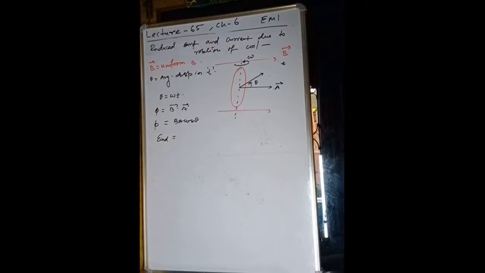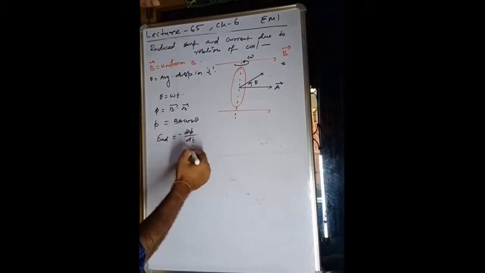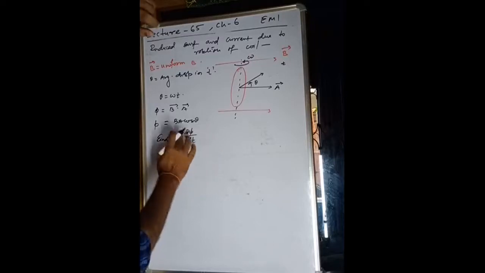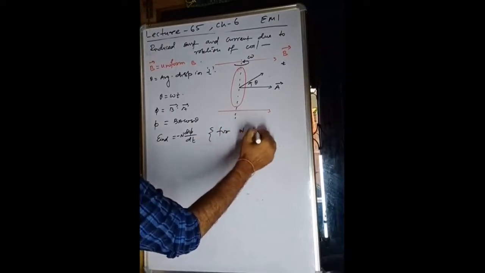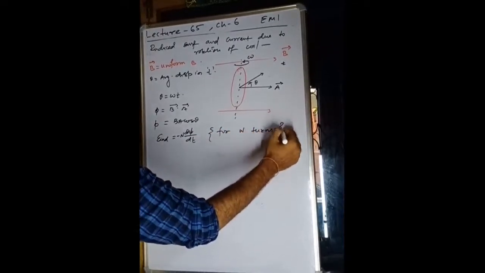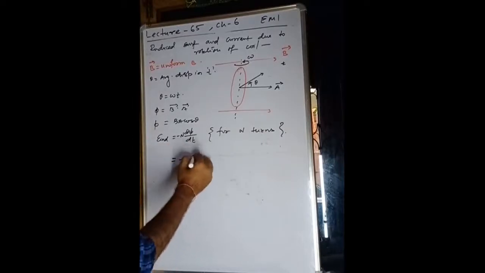E induced is minus d phi by dt, and for n turns of the coil, we can write minus n d phi by dt. What is phi?